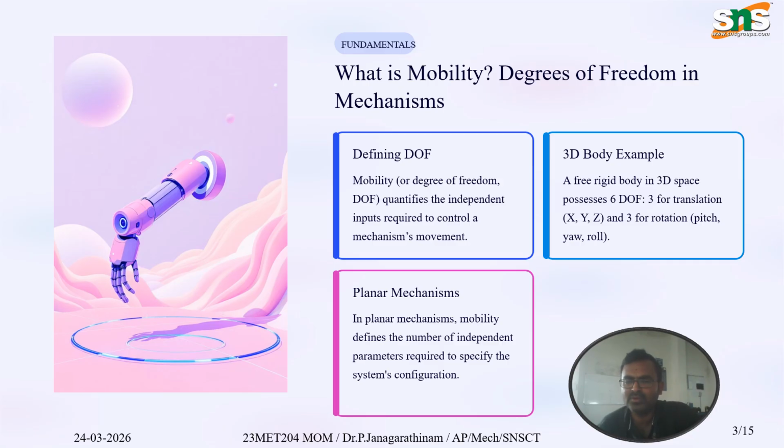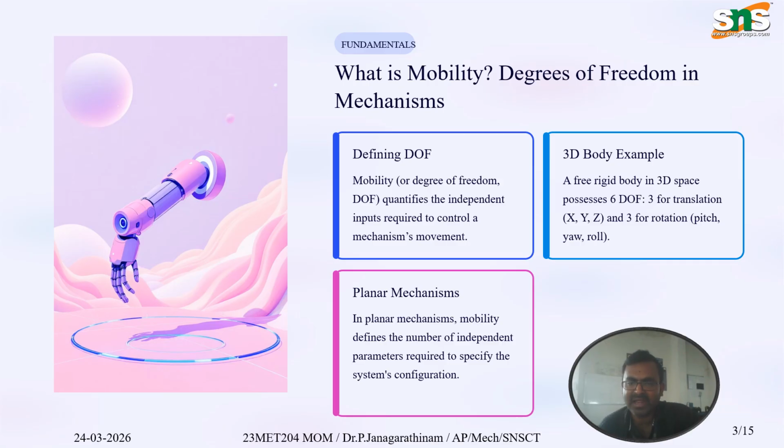For example, a single degree of freedom means we consider only one axis of rotation. Three degrees of freedom means we consider all three axes for making rotations. A 3D rigid body in space has 6 degrees of freedom: 3 for translational motions and 3 for rotational motions, like pitch, yaw and roll. We will discuss the gyroscopic effects of ships, boats and so on elaborately in our third unit.